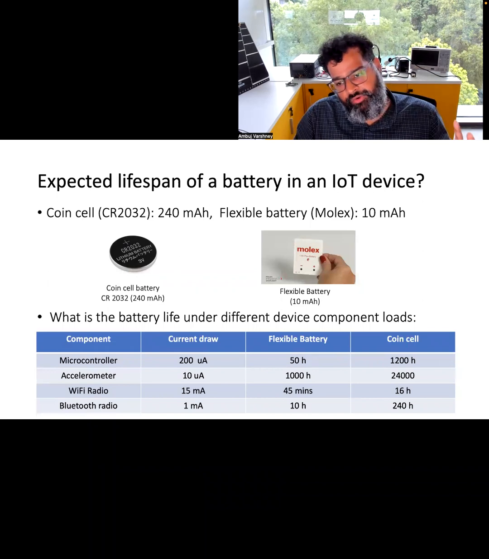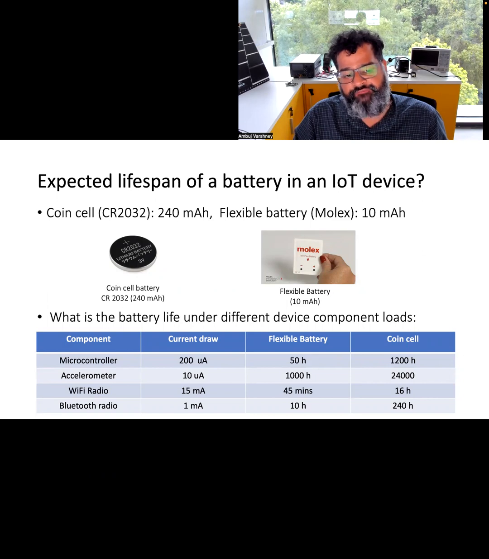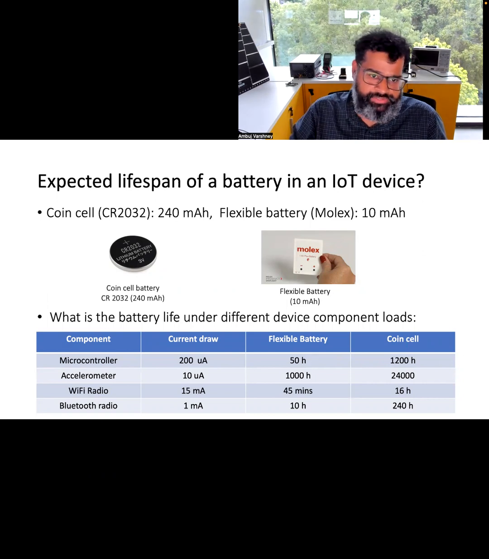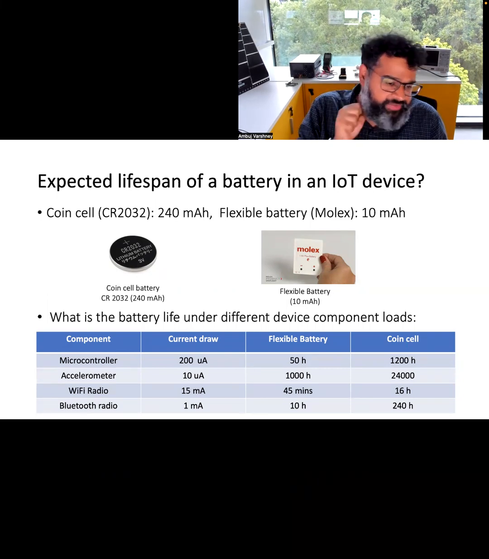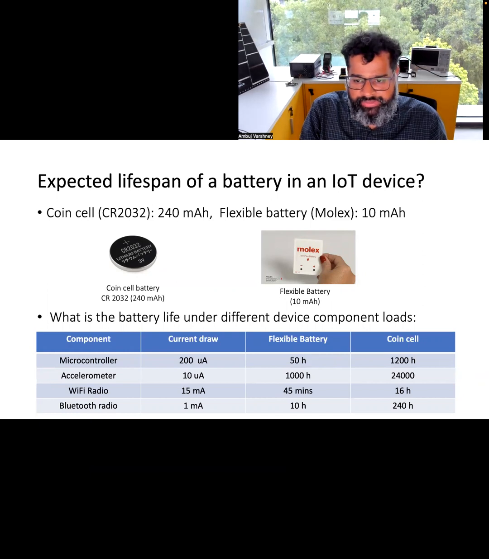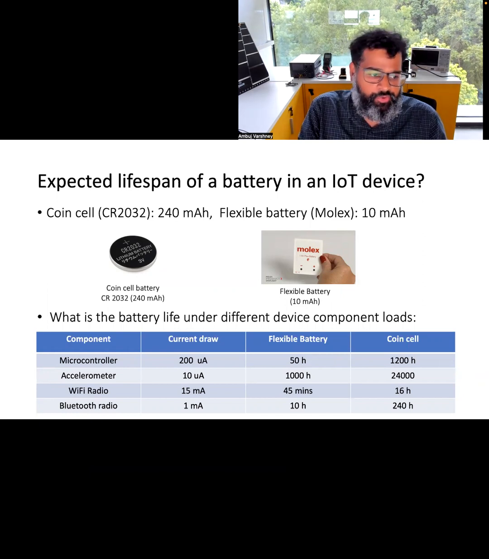So let's go back to the battery capacity and look at how long a battery would last if we only power these components through these batteries. If we don't have any other component except the ones listed in the table, individually powered by the battery, what we find is that a microcontroller can last for tens of hours on a flexible battery and thousands of hours on a coin cell battery.